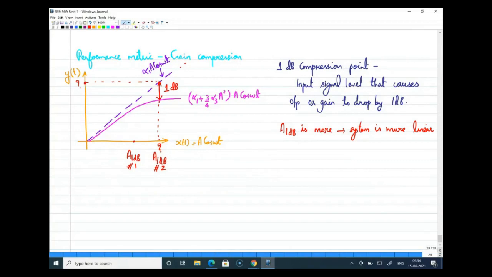So which system is more linear, system number 1 or system number 2? System 2 is more linear, right? So if you have a larger 1 dB compression point, the system is more linear. I hope it is clear now.